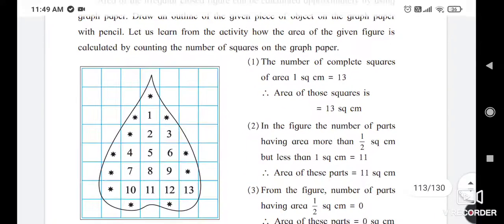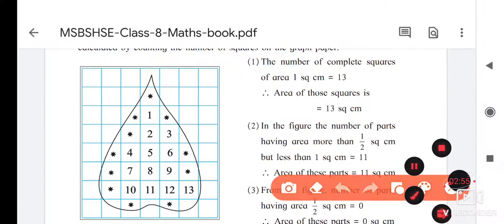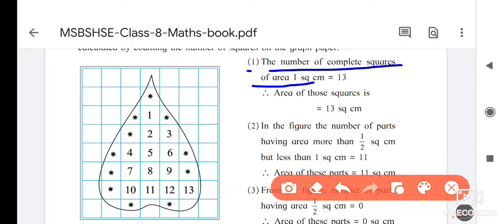We have to count the complete squares. First, what we have to do? The number of complete squares of 1 square centimeter. As I told you, all these 4 lines, if we are taking, this 1 square is there, and 1 square centimeter is the area of this 1 square. So in that way, how many complete squares are there in the figure, that we will see.